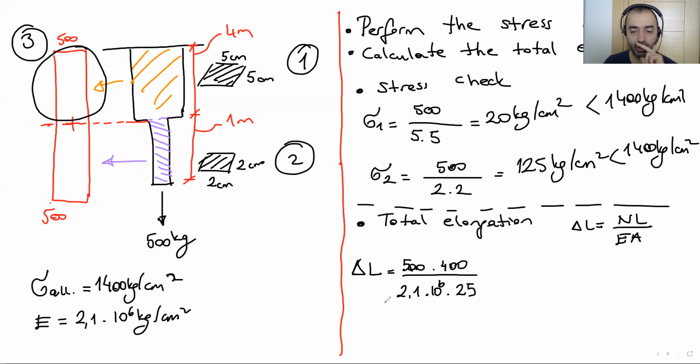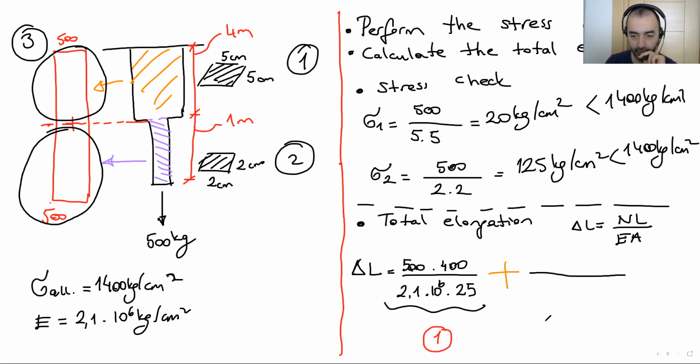This is the elongation of first portion, okay. Plus, add the second portion to the first one. Let's write the equation for the second. Take a look at the axial force here, again, 500.